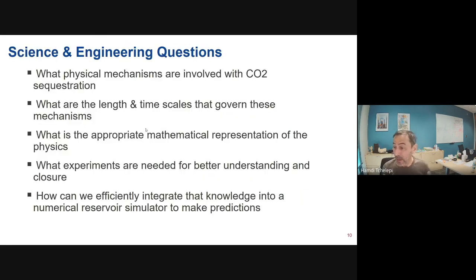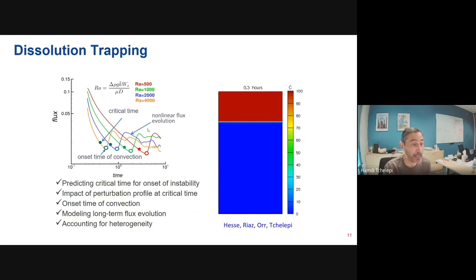So the interesting science and engineering questions related to this space, again, are: what physical mechanisms are involved, what length and time scale do we need to describe the physics in order to be predictive, what is the governing set of equations that couple these systems, can we use experiments both at field scale and in the lab to better understand the dynamics, and then how can we put all of that information together into simulation models that allow us to plan and execute these systems.